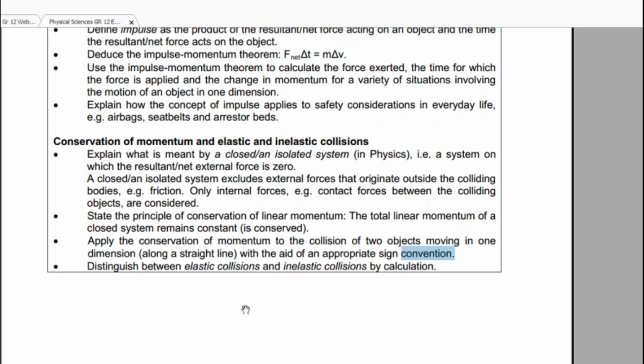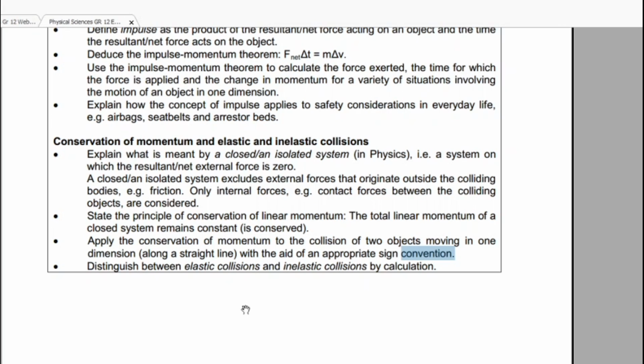And then assign a sign to that direction.